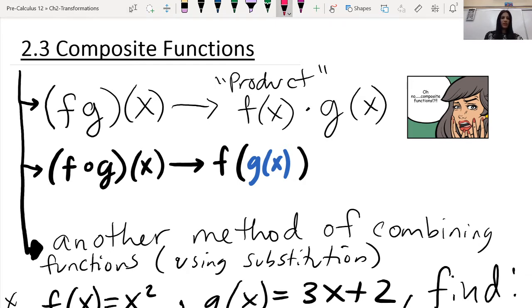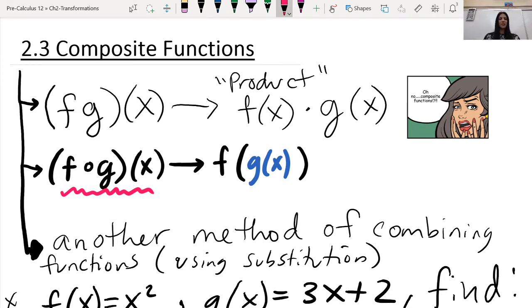So if we have fg of x, then that can expand out to be f of x times g of x. And I purposely wanted to do these two together because if you take a look at this one that I'm pointing at the bottom here, or underlining right here in pink, you can see that it looks almost like the one that's above it. Notice that there's that hollow circle in the middle.